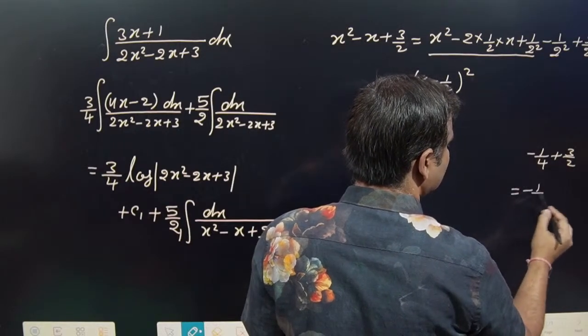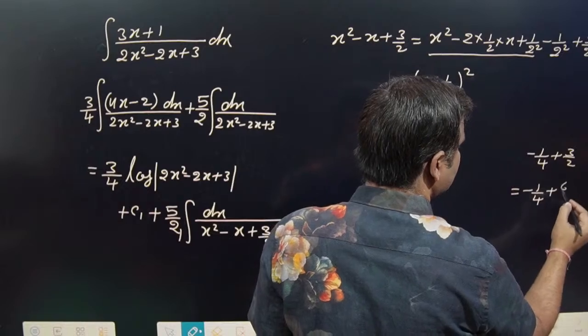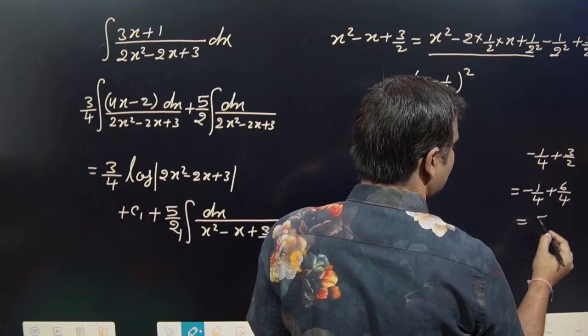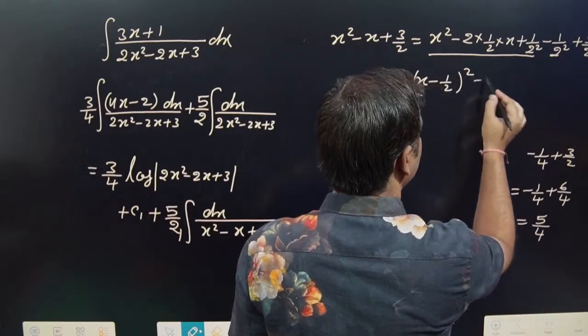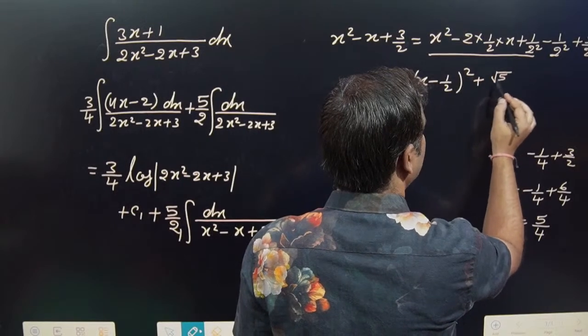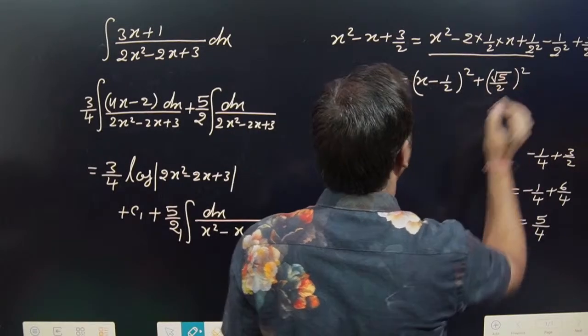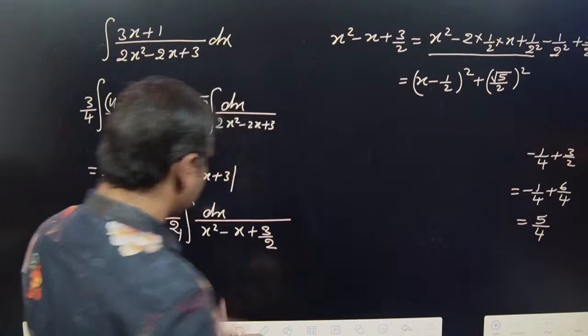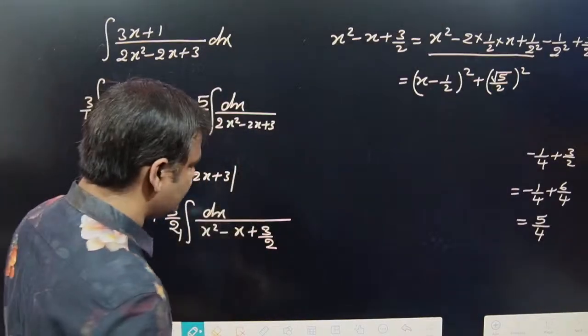So basically minus 1 by 4 plus 6 divided by 4. So you can say that 5 by 4. So that one is written root 5 by 2 to the whole square. Okay, so basically this one is replaced by that one.